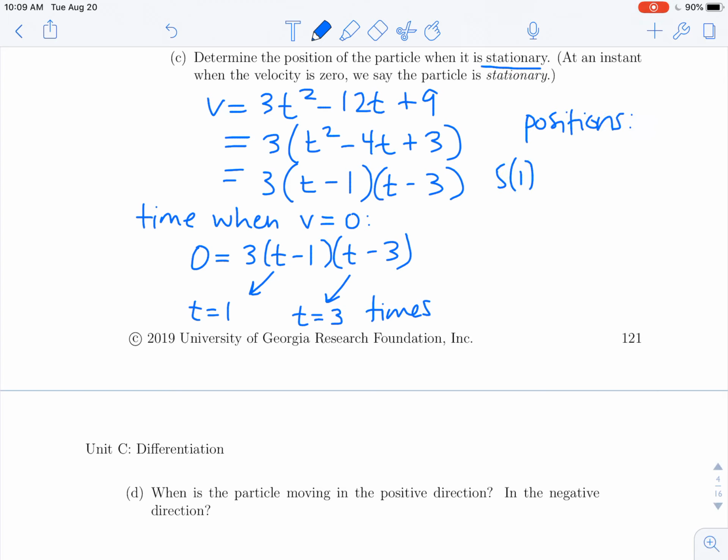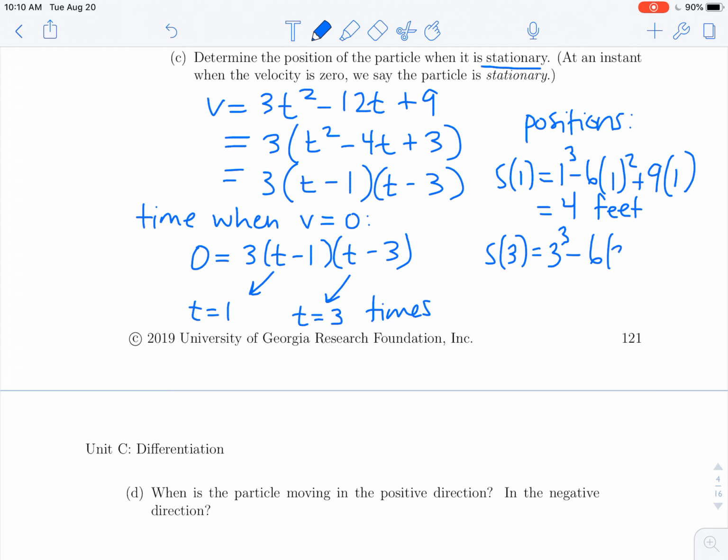So the positions, s of 1 is going to be 1 cubed minus 6 times 1 squared plus 9 times 1, which works out to be 4. And the units here are feet. And then the other position is s of 3, which is going to be 3 cubed minus 6 times 3 squared plus 9 times 3.